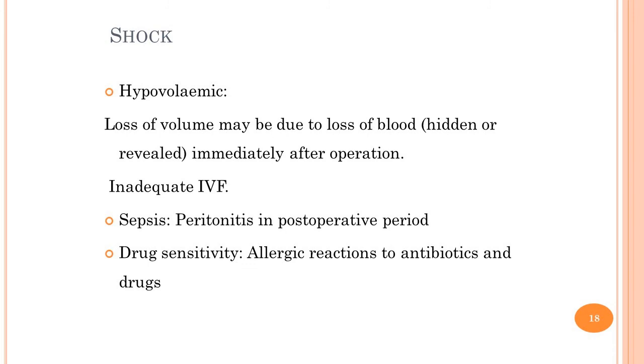If we consider septic shock, mainly the ascending infection into the genital tract and peritonitis are the reasons. Occasionally, some may have anaphylactic reactions to the antimicrobials that may end up in anaphylactic shock. That will end up in acute renal failure. So shock is an emergency condition in any postoperative condition.